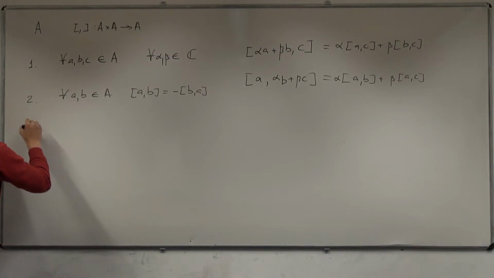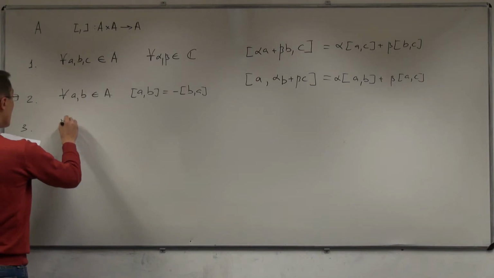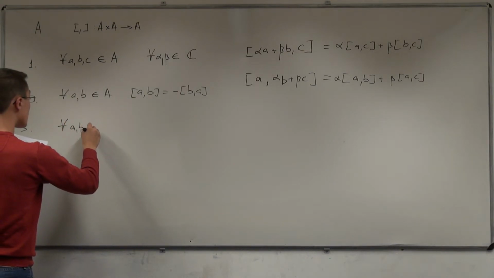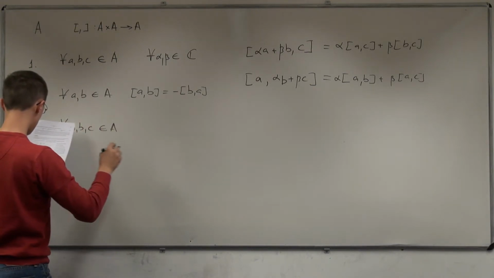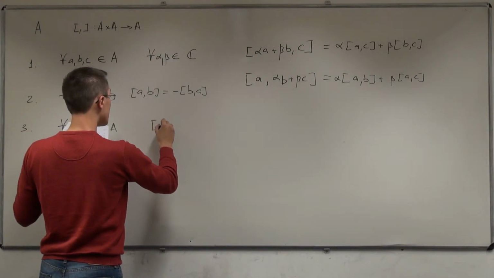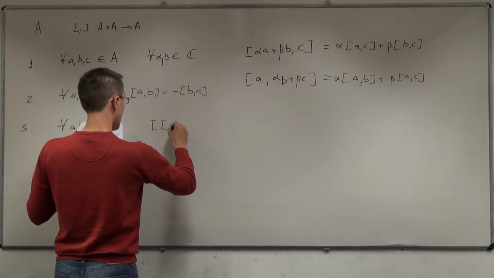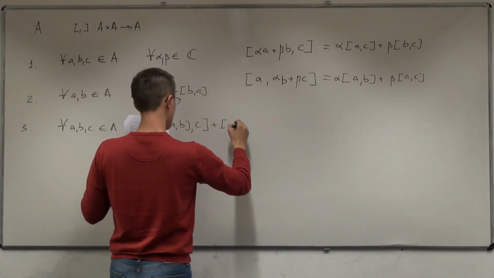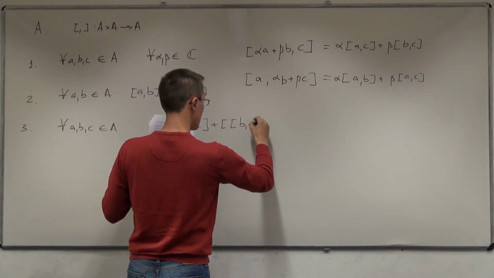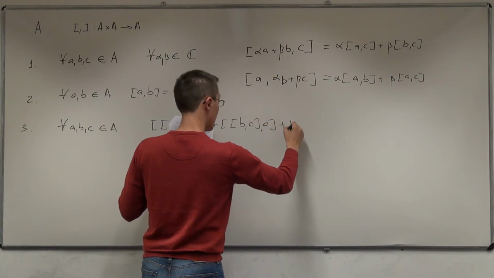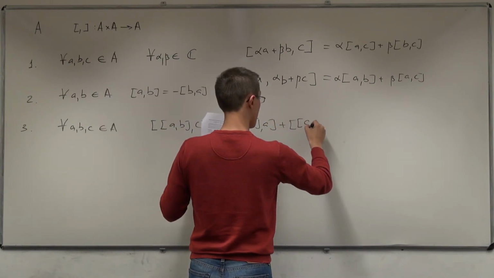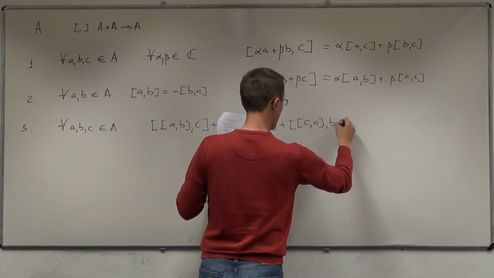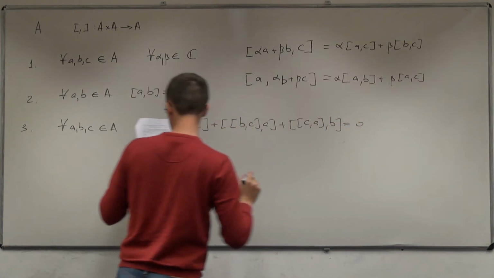Third, something called the Jacobi identity has to hold. For any A, B, and C inside A, the following crocodile has to be equal to 0: bracket A, bracket B C, plus bracket B, bracket C A, plus bracket C, bracket A B must be 0.